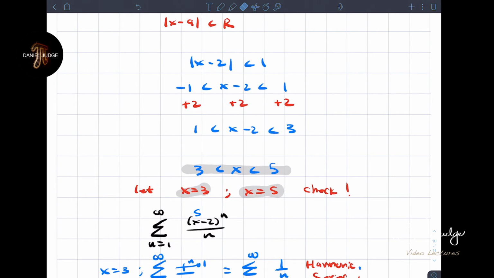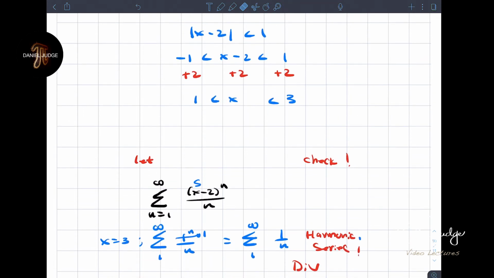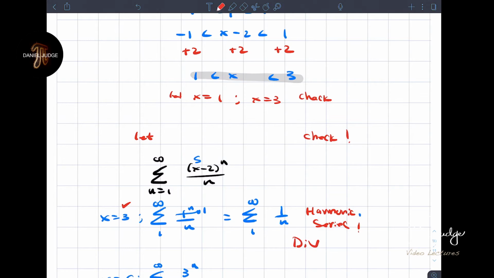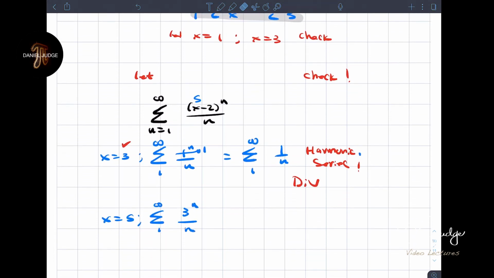Okay. Good job. No, Kirby's correct. Okay. Good job. Okay. So we check here. No, you're correct, Kirby. We don't add 2 twice. We add it once. Good job. We got 1 and we got 3. Okay. So you have to let x be 1 and x be 3, and you check. We already checked here when x was 3. Good job. Okay. So I thought, wait a minute, something's very wrong with this answer here.